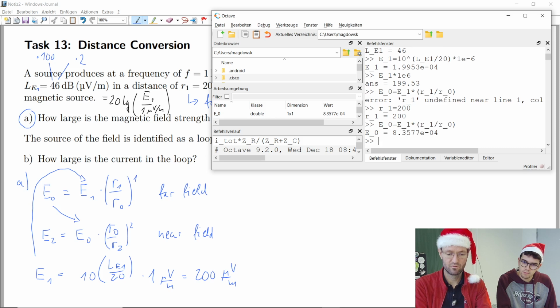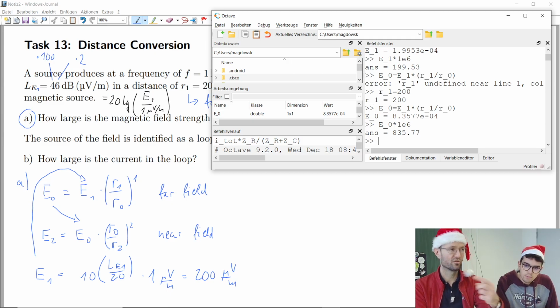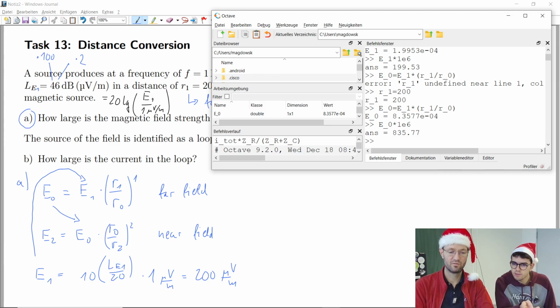So from 200 microvolts per meter, we increase to approximately 800 microvolts per meter. If I multiply this by 10 to the power of 6, we get slightly more than 800 microvolts per meter, because we go to something that is smaller than 50 meters.